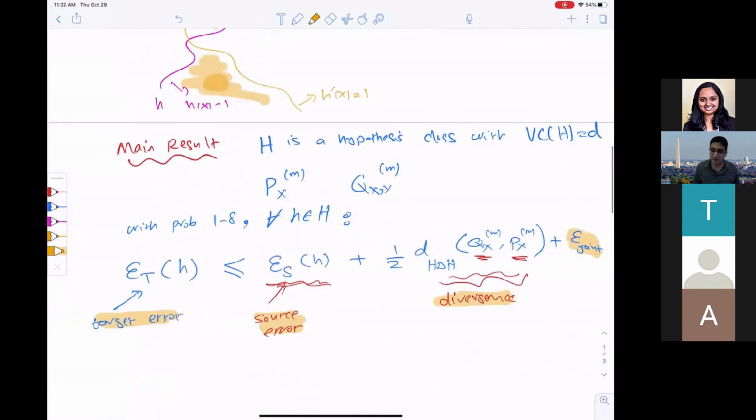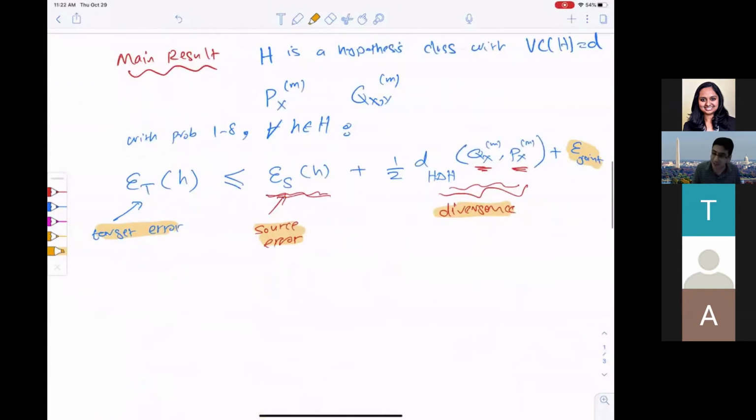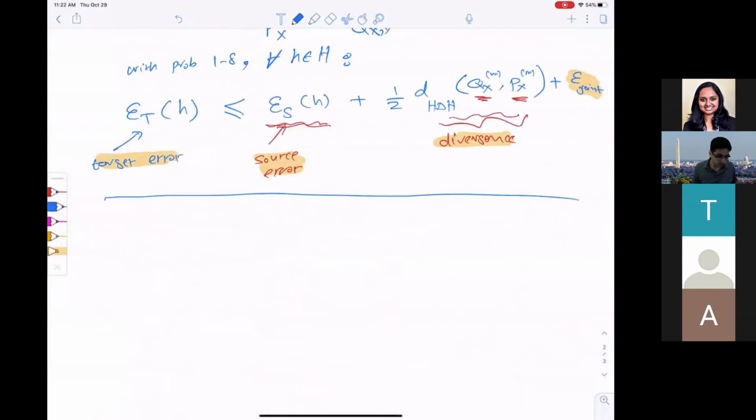All right, so this very fundamental result inspired many practical algorithms. So next I'm going to switch gears and talk a little bit about more practical domain adaptation methods. Domain adaptation is not a new problem, right? It's a very important problem.